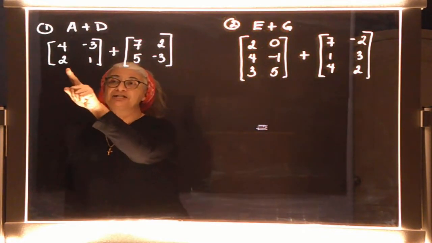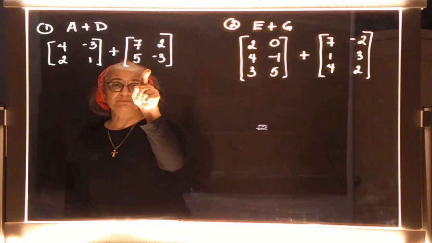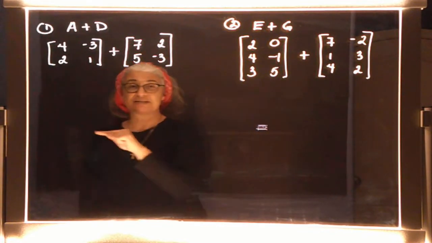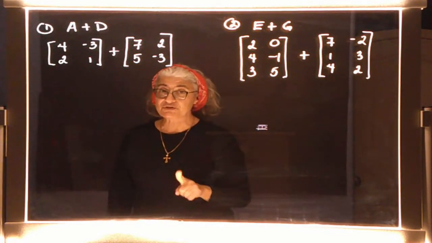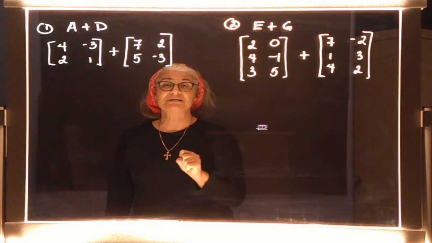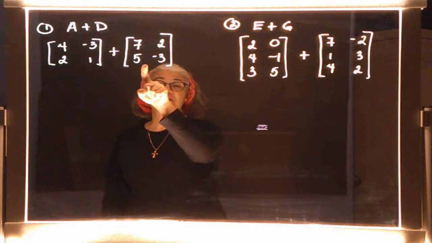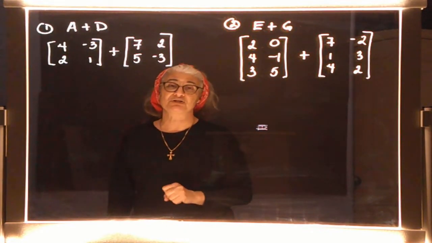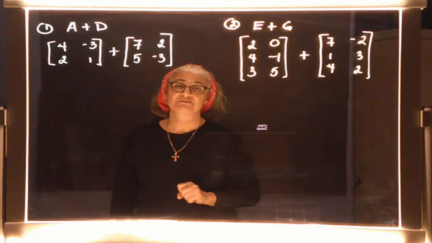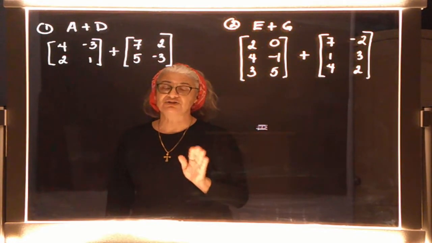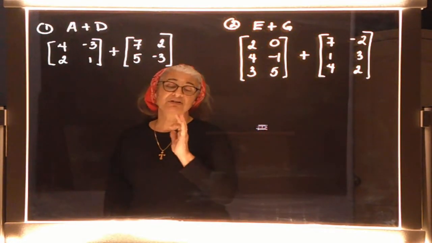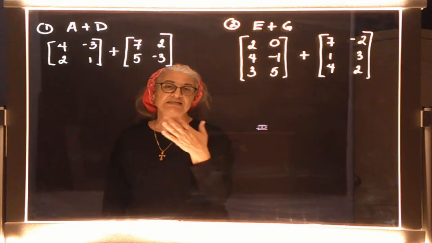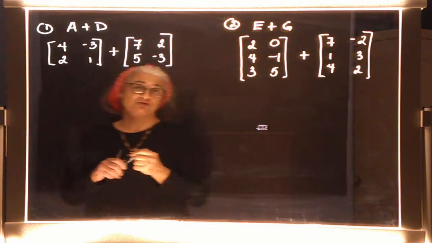If I want to add 2 to one of these numbers, 2 is in the second row, first column position, which means I have to find the number in matrix D that's also in the second row, first column position, and that would be 5. Understand? Good. Keep it simple. Thankfully, it's very easy to add and subtract these matrices.